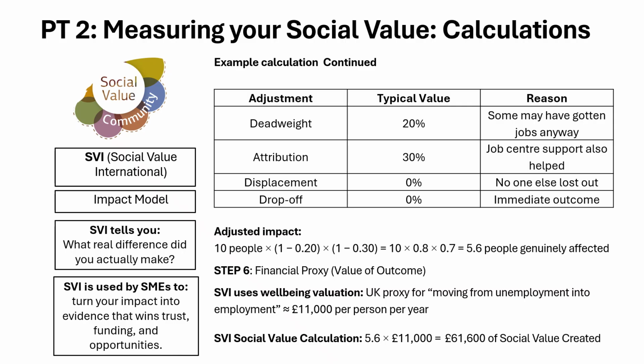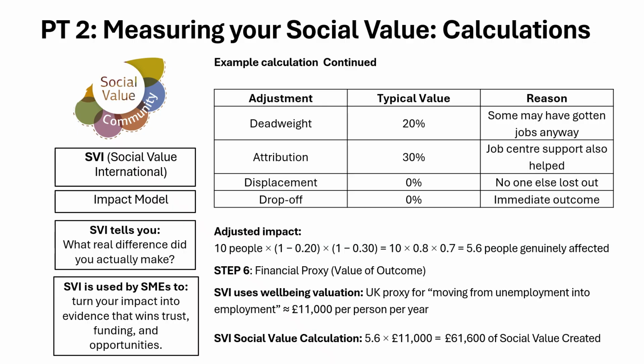And then similarly, we use the same methodology for the attribution. So we're saying that 30%, so essentially that's 3 out of 10. So again, with that single calculation, we will apply that 30%, so that will then reduce it to 0.7. So therefore, you should have 0.8 times 0.7.